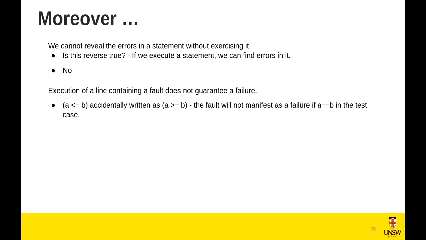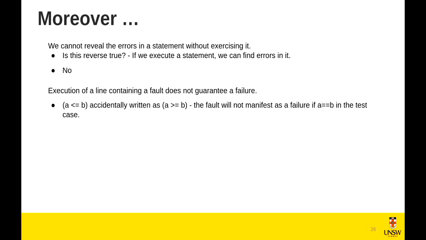We execute that condition, but we are not finding the error here. So it behaves exactly the same as what was expected. So in this case, even if we execute the program, we cannot reveal the bug.